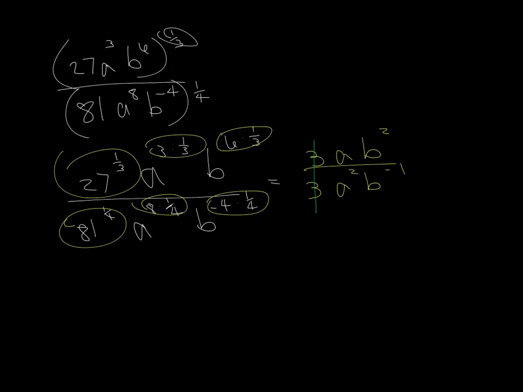3 over 3 is 1, so they can cancel. This is a to the 1 minus 2, because there's a 1 there, so that we subtract those. The next part is b to the 2 minus -1. Okay, we could move this up there on top and make it b to the first power, but we could also just subtract it. Thing's going to stay the same.